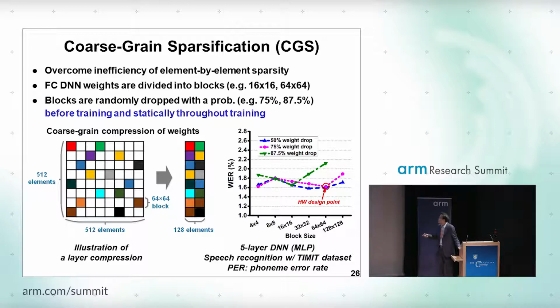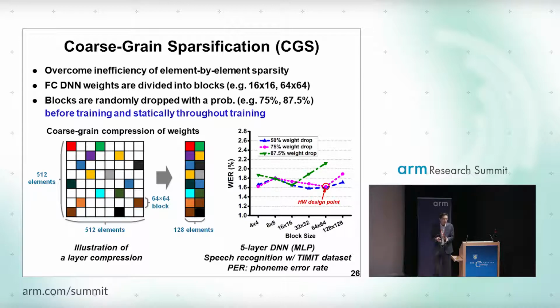So what we propose here is a blockwise sparsity, which we call the coarse-grain sparsity, or CGS. So what we do is we divide this fully connected DNN weight matrix into blocks, let's say 16 by 16, 64 by 64. And then the blocks we want to randomly drop with a probability.